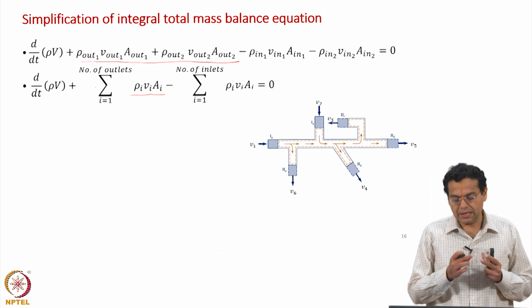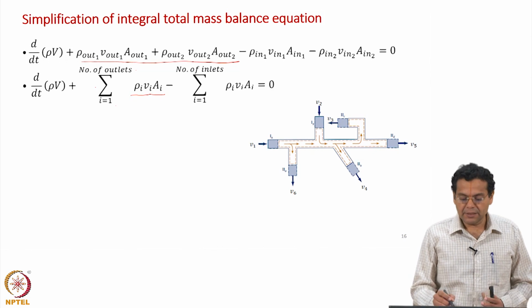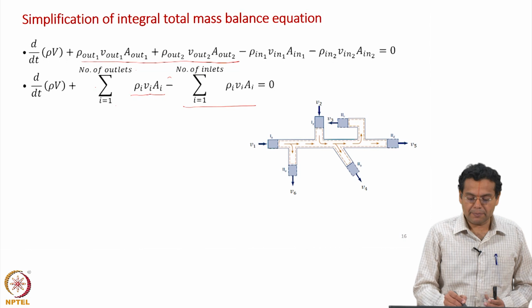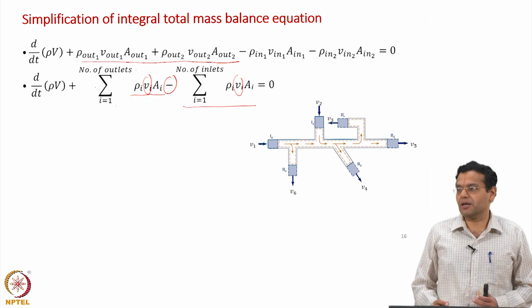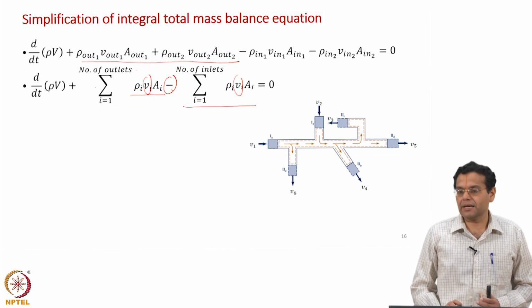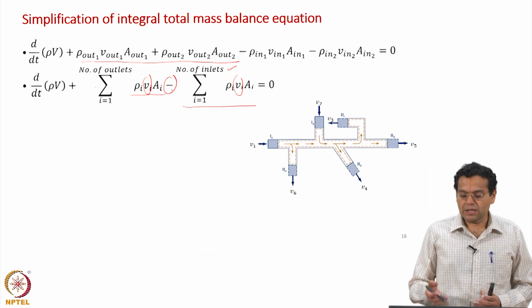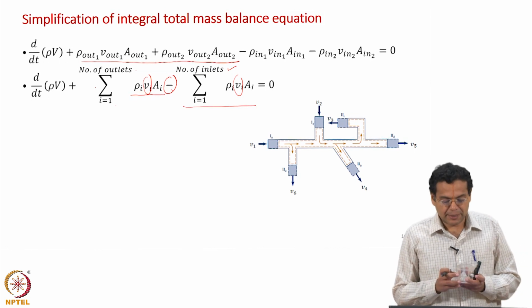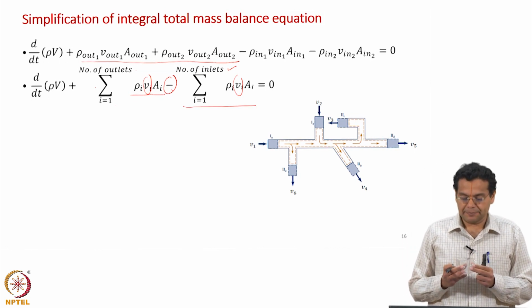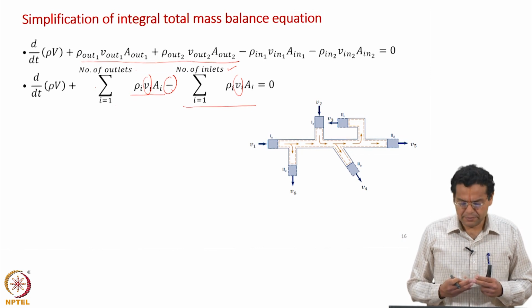Area represents the cross sectional area. Similarly, there could be multiple inlets. Remember the minus sign, because these V i represent the magnitude of velocity. So, we have taken care of the negative sign, and once again there could be multiple inlets and you sum over all the inlets with respect to densities, velocities, areas, etc.